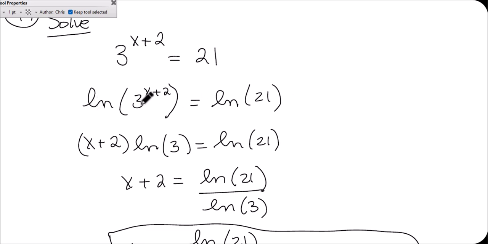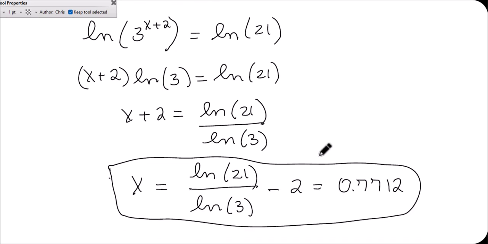I took the natural log of both sides. The exponent will come in the front and multiply by the natural log of 3. I divided by the natural log of 3, and then I subtracted the 2 when I moved it over. And so now it's just a question of calculating and finding our answer.